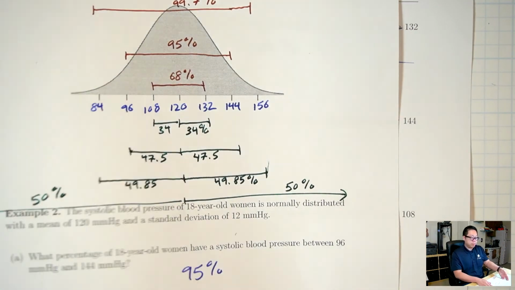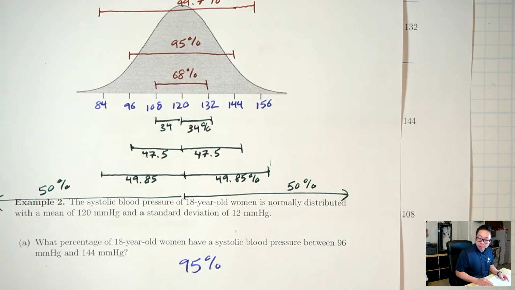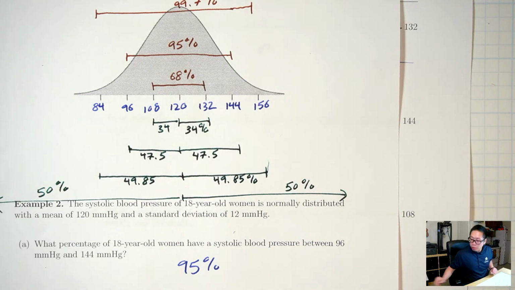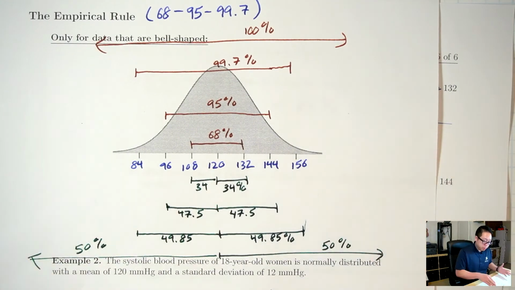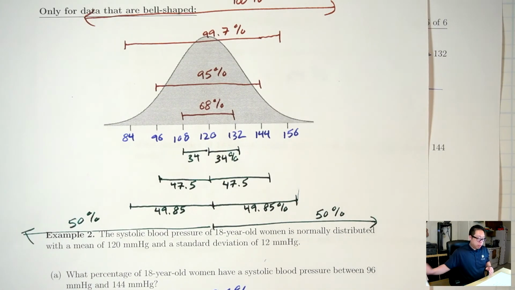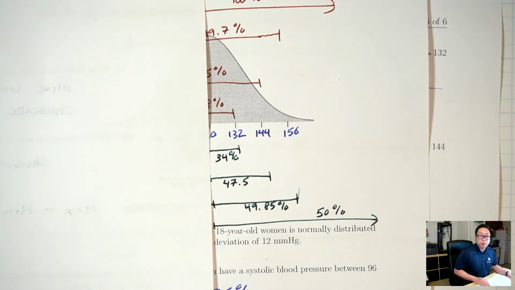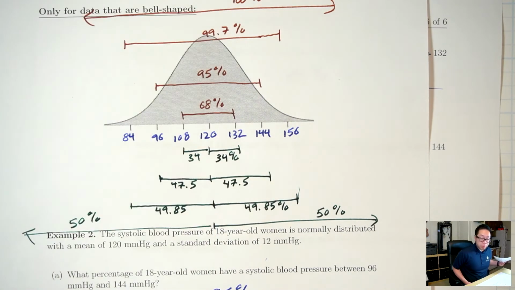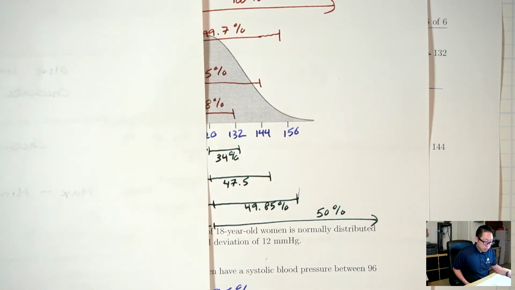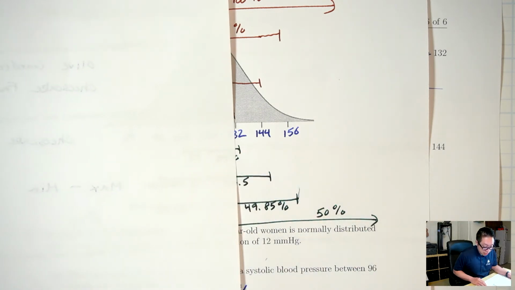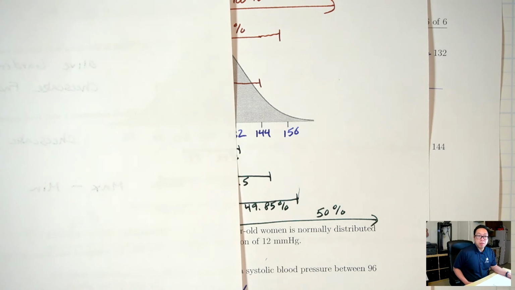Now, question is, do you add or do you subtract? One way to think about it is the entire picture is 100%. Half the picture is 50%. So if I want 132 all the way to the right, that's less than 50%.